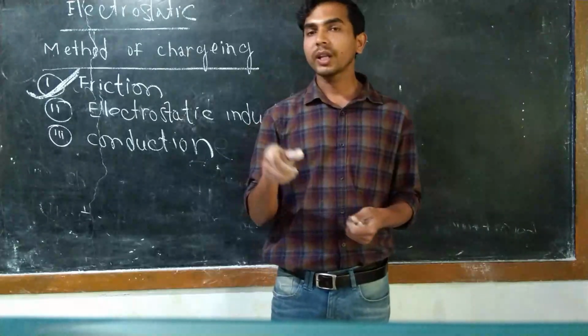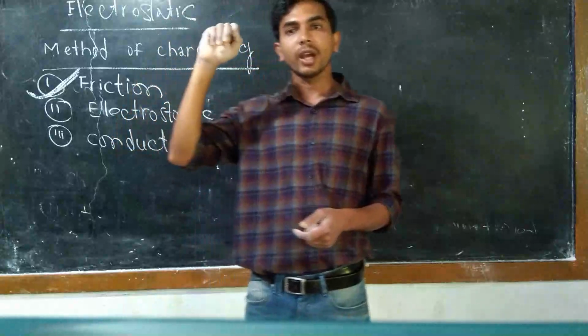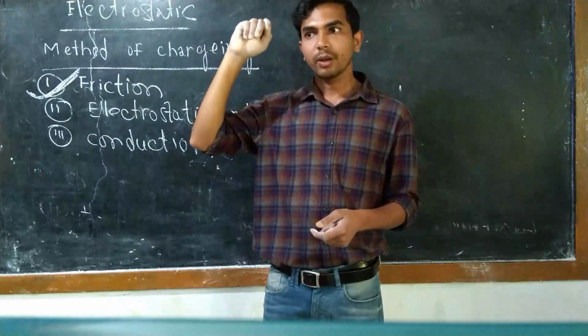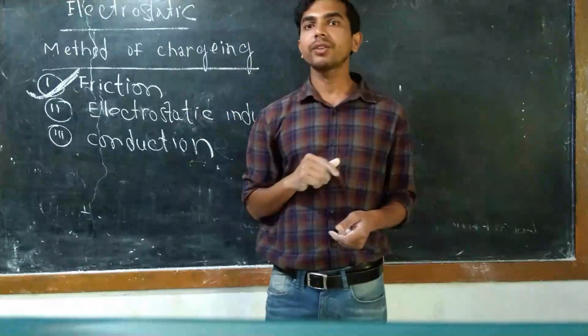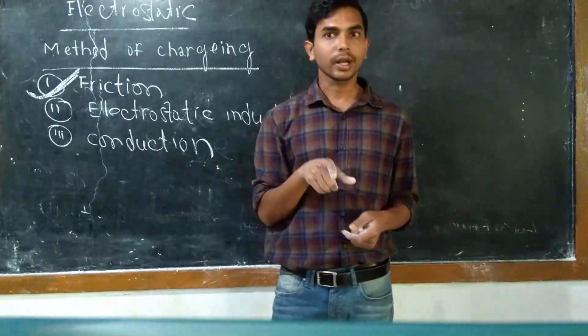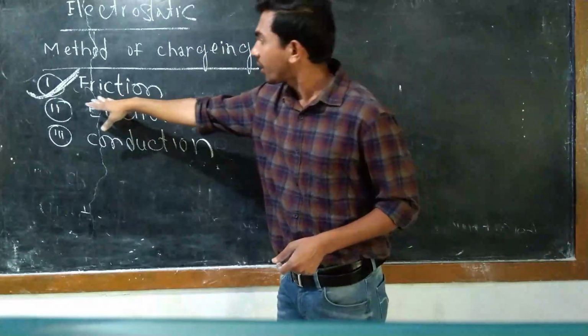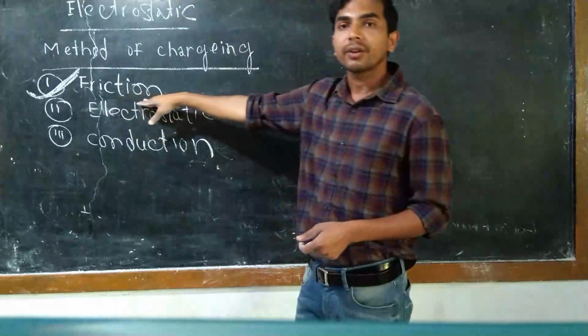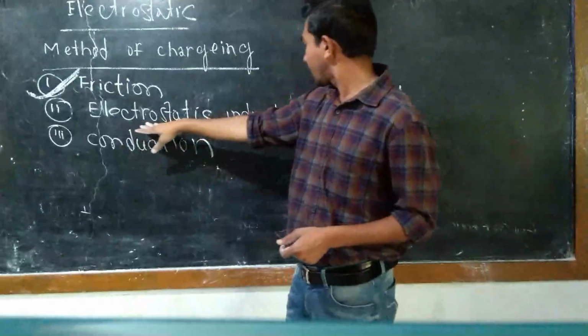Why is it attracting? Due to some transfer of charges between the comb and your hair when you rub the comb in your hair, charges appear there. So this method of charging is known as frictional charging, charging by friction.